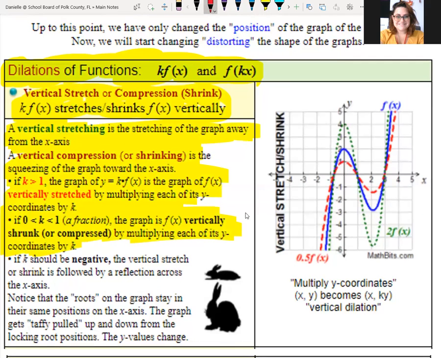So, vertical stretching is going away from the x-axis, and compression is towards the x-axis. So if we have a number that is greater than 1, so basically whole numbers, that means it is stretching, and that means it is going away from x.